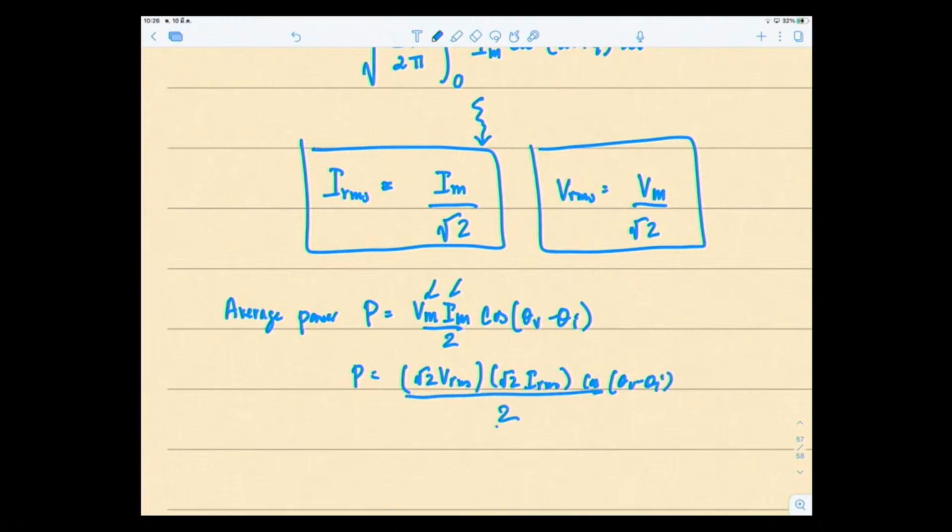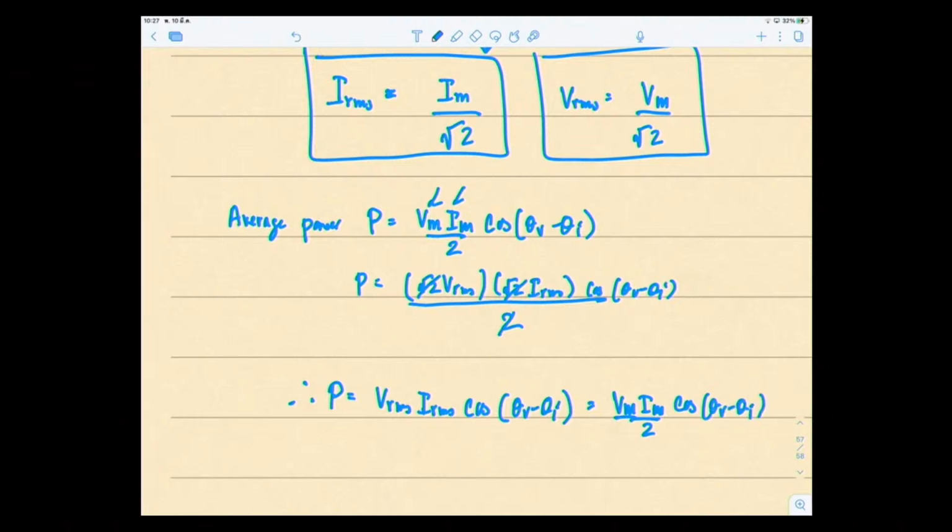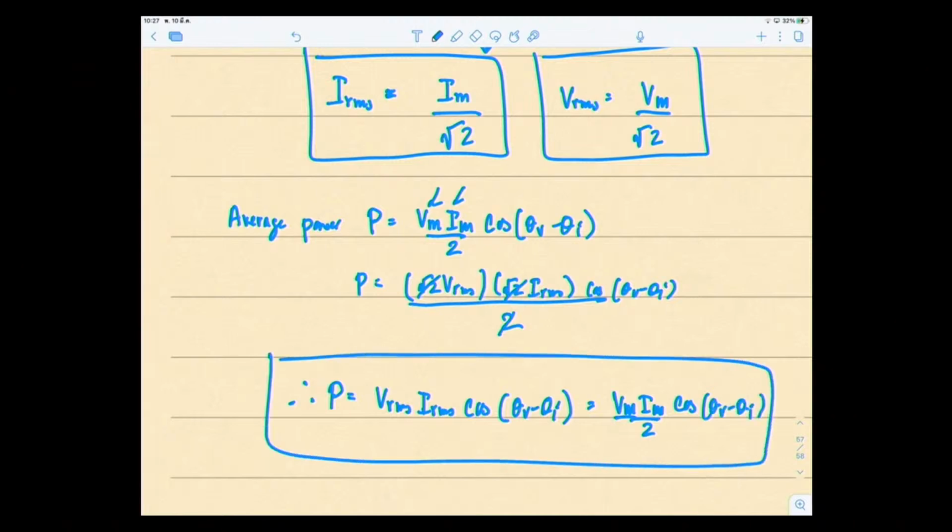Root 2 times root 2 is 2, so it cancels out. So therefore, the average power is VRMS IRMS cos theta V minus theta I. Or another formula using the maximum values would be Vm Im over 2 cos theta V minus theta I. And of course the unit is watt.